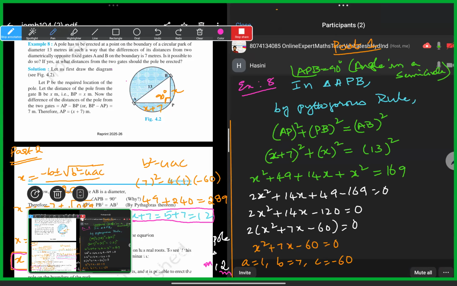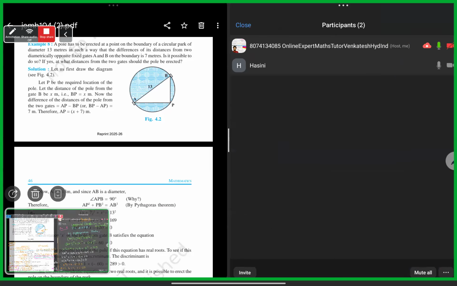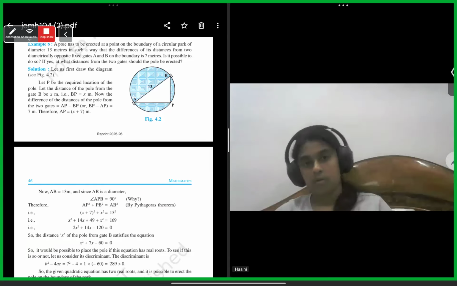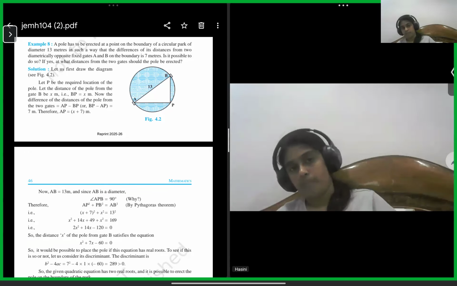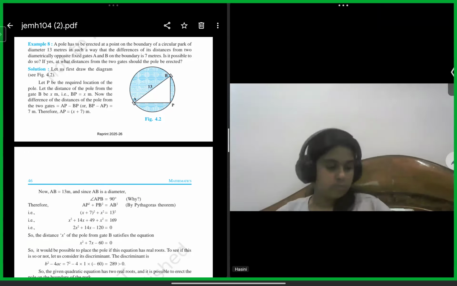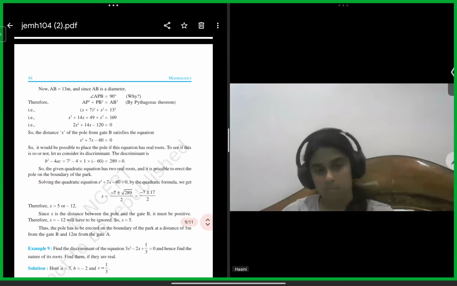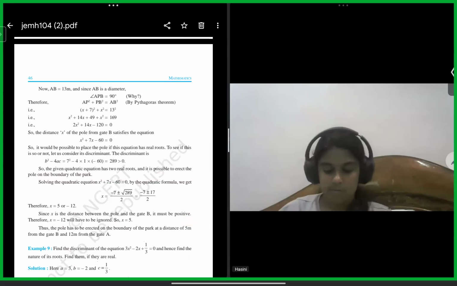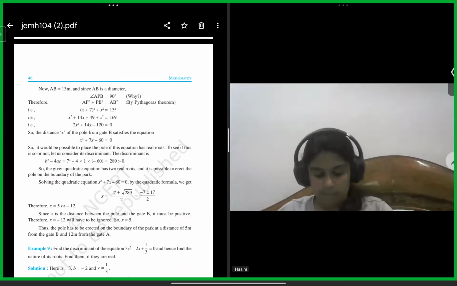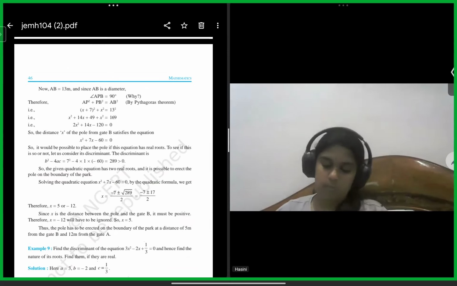So like this, we need to do this sum. This is important, so that's why we discuss it. You can see they also got two values, but since x is some distance, minus 12 we cannot take, 5 only we should take. So if one is 5, another distance will be x plus 7, that is 5 plus 7, 12.